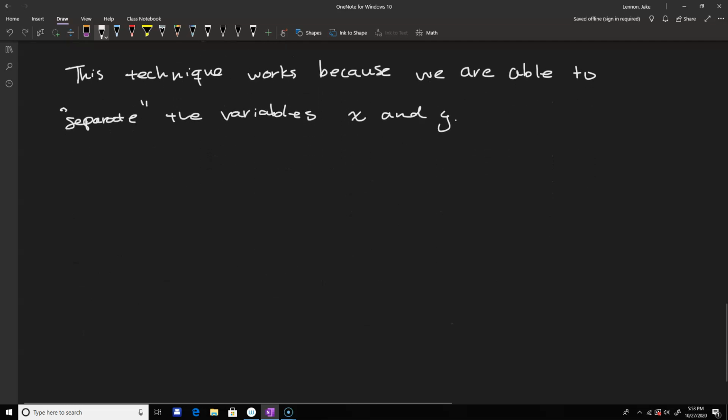So these are the kinds of equations using this technique that we'll be able to solve. So let's go ahead and define what property they have to satisfy.